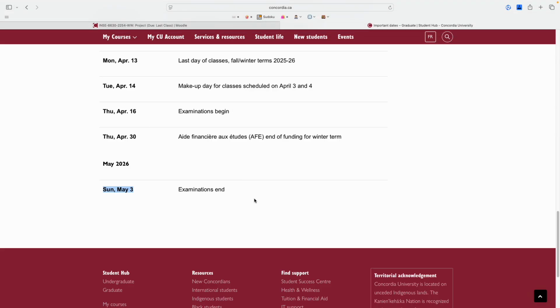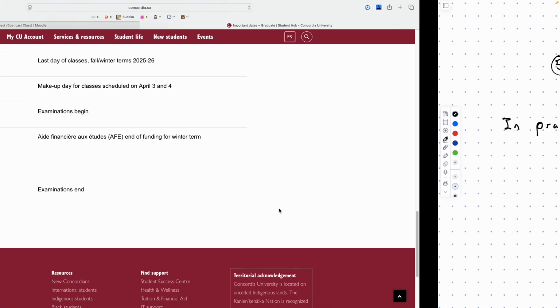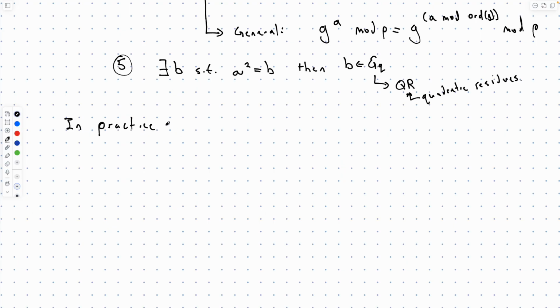Okay, I know people want to go, but just let me write down this one thing, and then we'll save the discrete log problem for next class. In practice, I just want to talk about what P and Q look like. There are basically 3 settings. Setting 1 is that you actually use a safe prime.